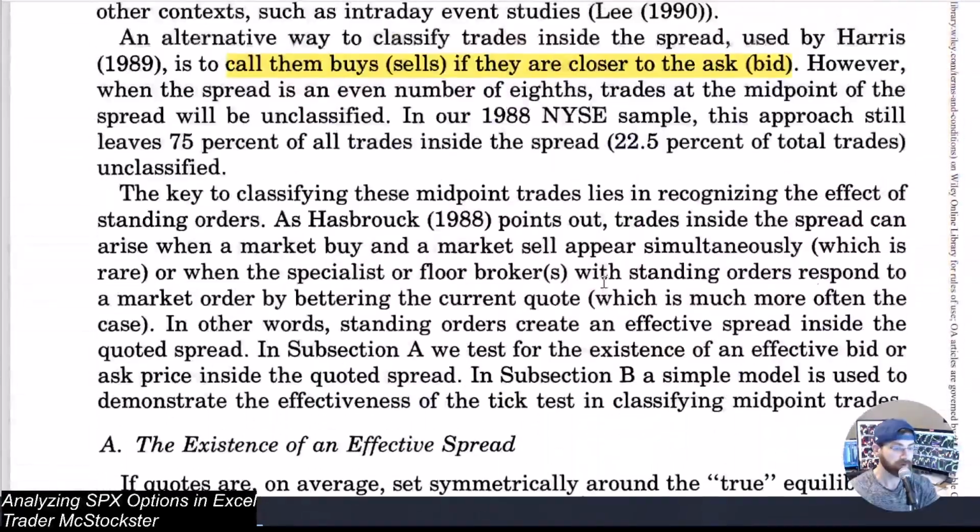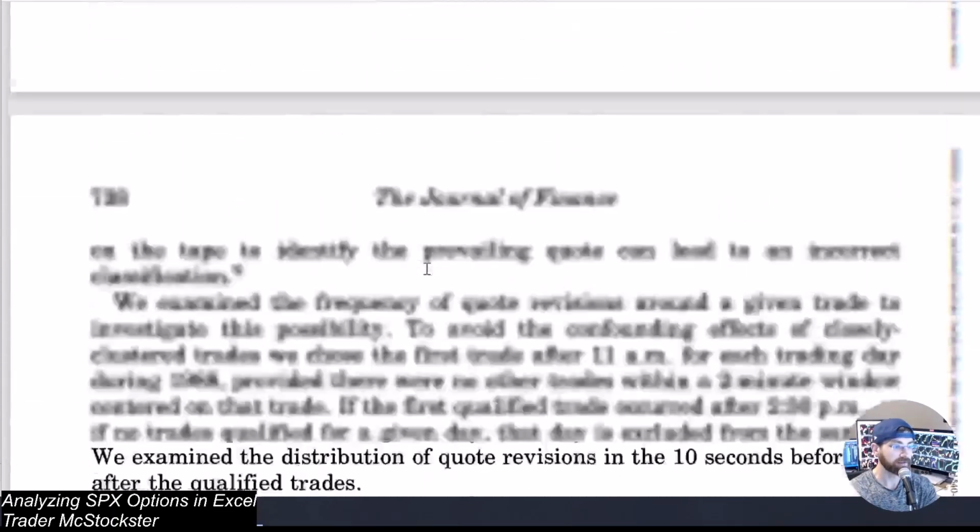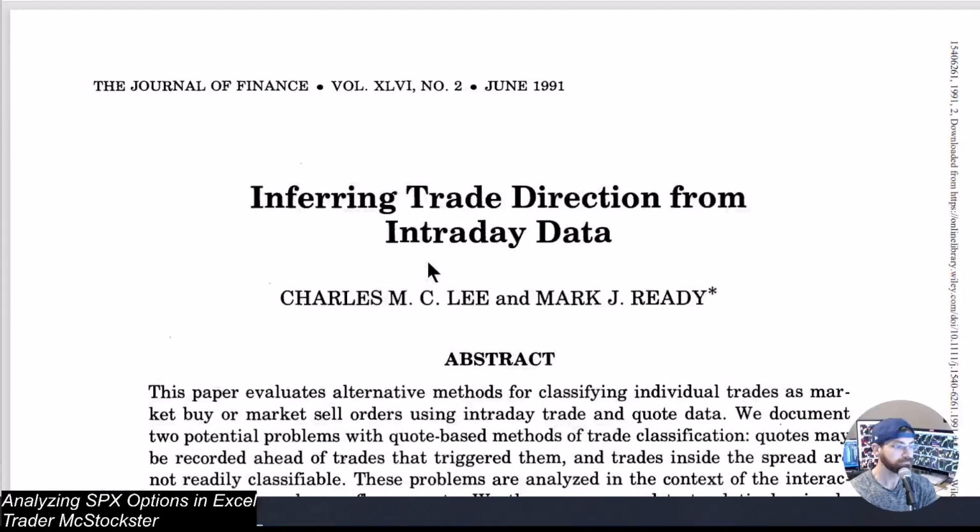That was from this paper, Harris, in '89. But this paper that you're looking at here, inferring trade data from Lee and Ready, back in '91. So basically that is the lean ask, lean bid thing. They got some convincing stats in that paper. It's a good one, and basically I decided that's a better way to do it.